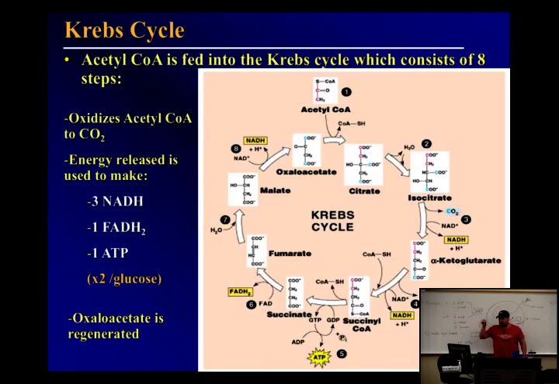C6H12O6 plus 6O2 yields 6 CO2. So we have 4 plus 2 is 6. That's what you're exhaling right now. The reason you're breathing in air is for the electron transport chain, but what you're breathing out is byproducts from glycolysis and the Krebs cycle.